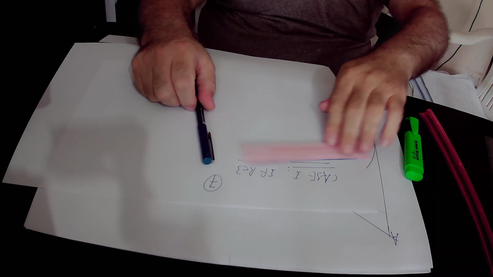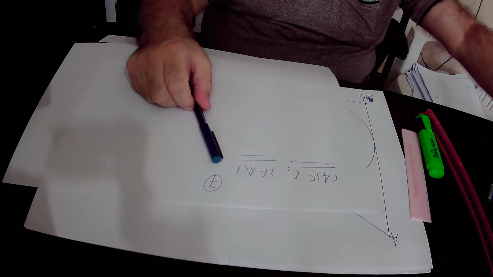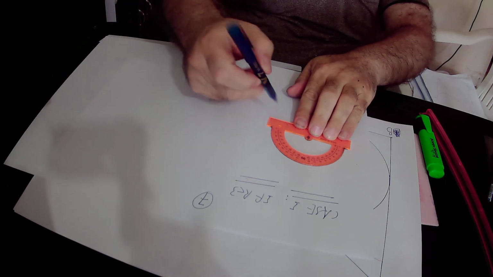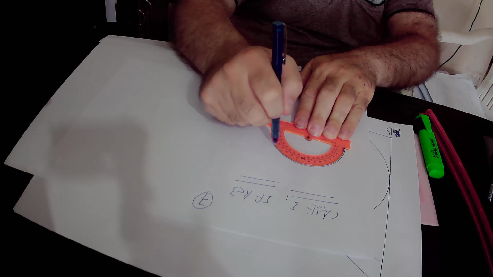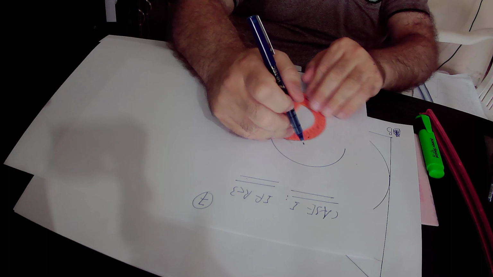If R is less than 3 units, then we'll draw a circle with a radius that is less than 3 units, and we'll analyze the drawing.